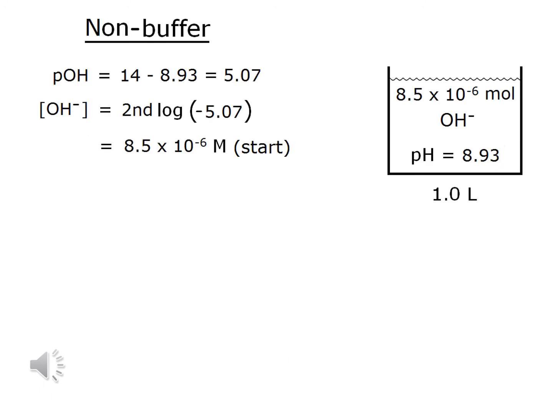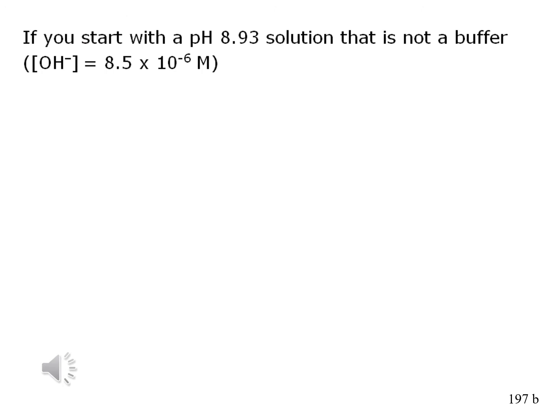Most people will do this by taking 14 minus the pH to get the pOH, and then they take the second log of negative pOH to get the OH. So if you make a solution of that concentration of OH, it's not a buffer, but it is pH 8.93, just like the pH of the buffer from the earlier problem. And here it is summarized on 197.